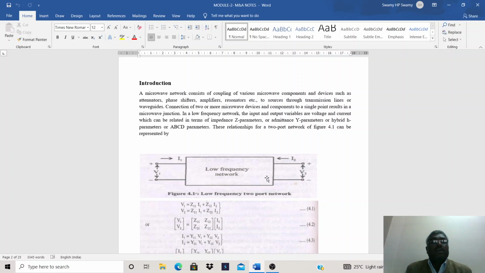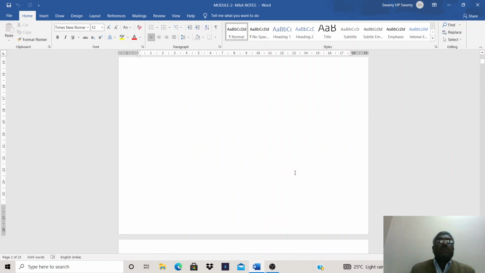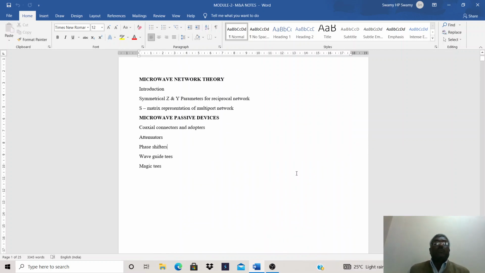Today I will start our discussion on Module number 2, that is microwave network theory and microwave passive devices. In microwave network theory, you are having symmetrical Z and Y parameters for a reciprocal network, S matrix representation of multi-port network, and also an introduction about microwave network theory.